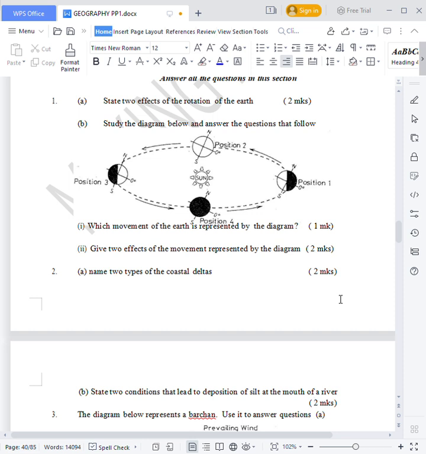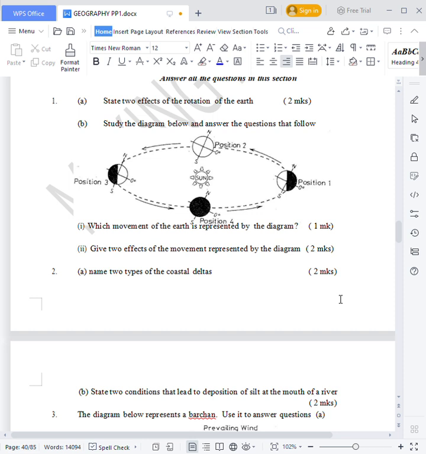You have Arcuate Delta. Then you have Estuary. E-S-T-U-A-R-Y. Estuary.